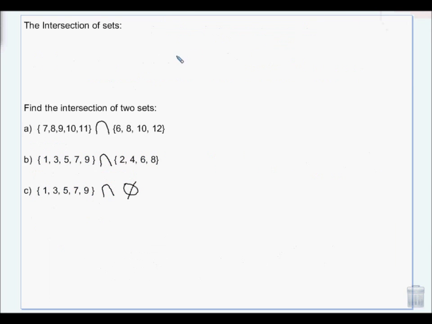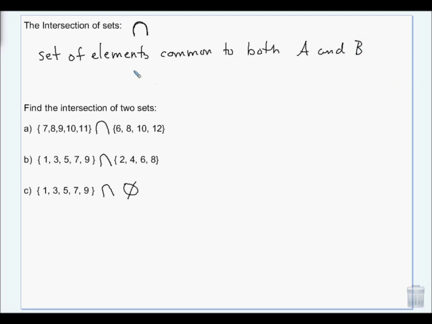Okay, intersections of a set. The symbol for an intersection is like an upside down U. This is the set of elements common to both, if you had sets A and B, so it would be common to both A and B. In our Venn diagram, that's this part right here, where they overlap.